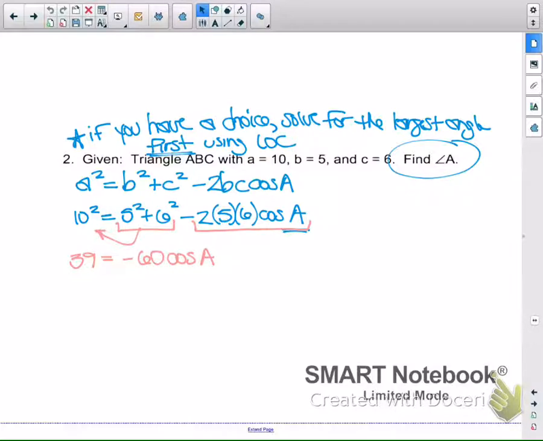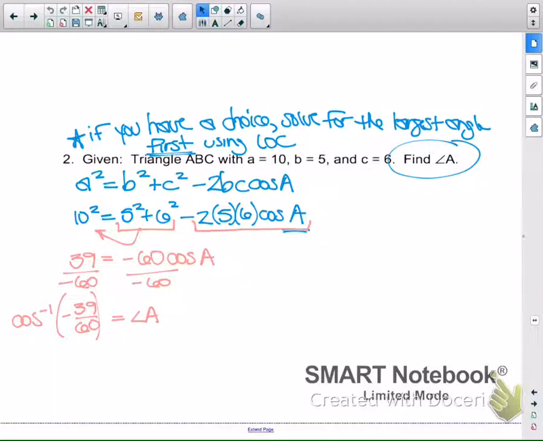All right, so now, how do I get the cosine A by itself? Divide by negative 60. I'm going to leave this in fraction form because how do I find an angle in my calculator? Okay, I put in the fraction using the inverse what? Cosine. This is going to give me the angle. Okay, does that take a little bit more algebra? Yes, it does. Is it really that hard?